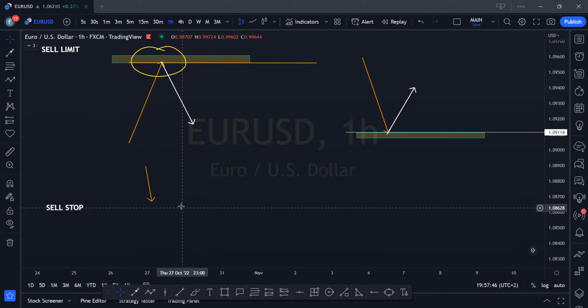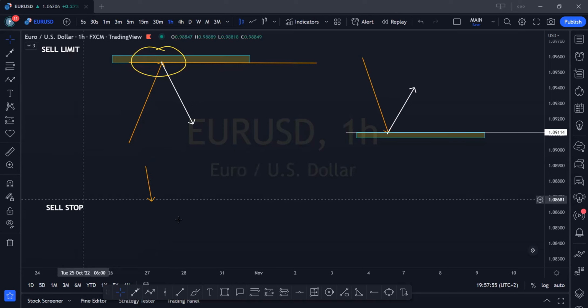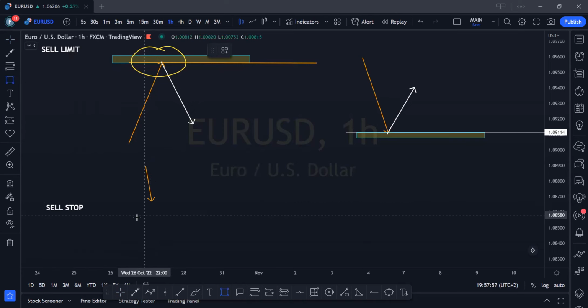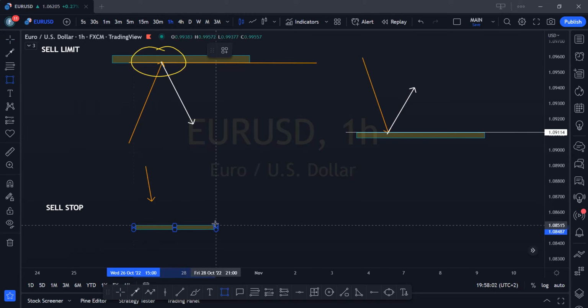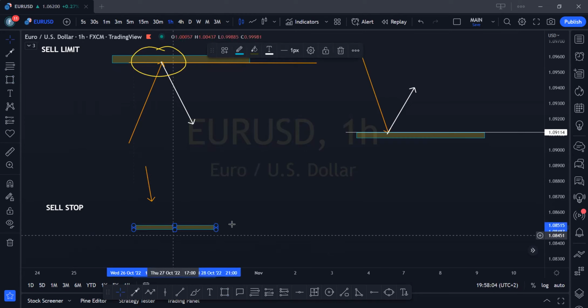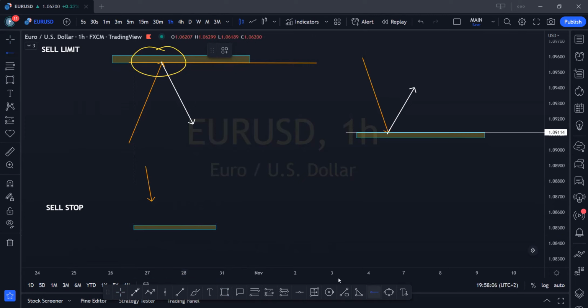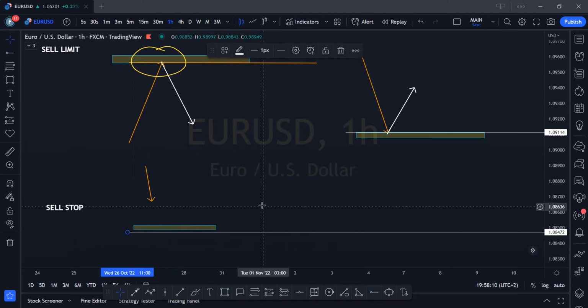You want to continue this move. Remember, a stop order is a continuation order. So you are saying that if price for any reason, for example, gets to this zone, if price breaks below this zone, like so, and then price gets here, you want to be entered into the trade for a sell to continue that downward move.